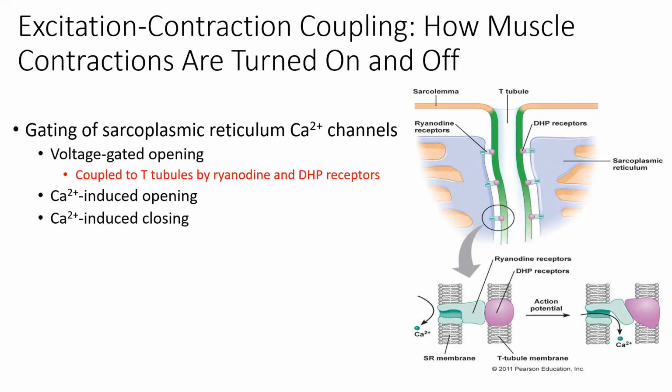These are voltage-gated receptors. And so when the action potential gets down into this invagination, it's going to change the voltage of the membrane. That's going to trigger the DHP receptor to then pass the signal along to the ryanodine receptor. And the ryanodine receptor is also a channel, right?